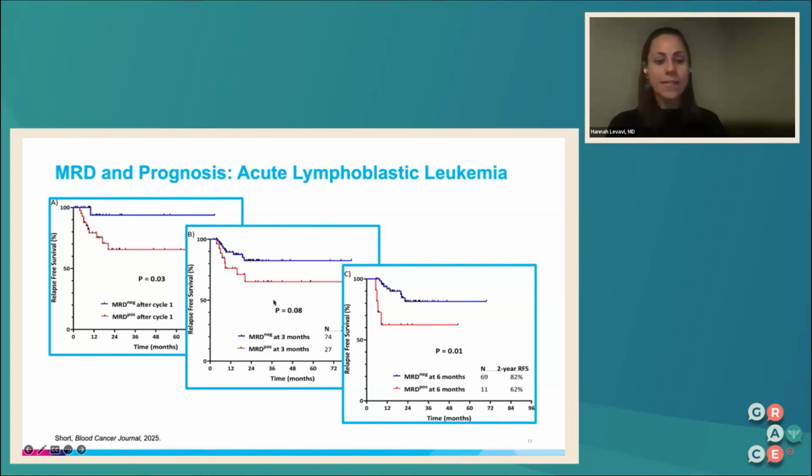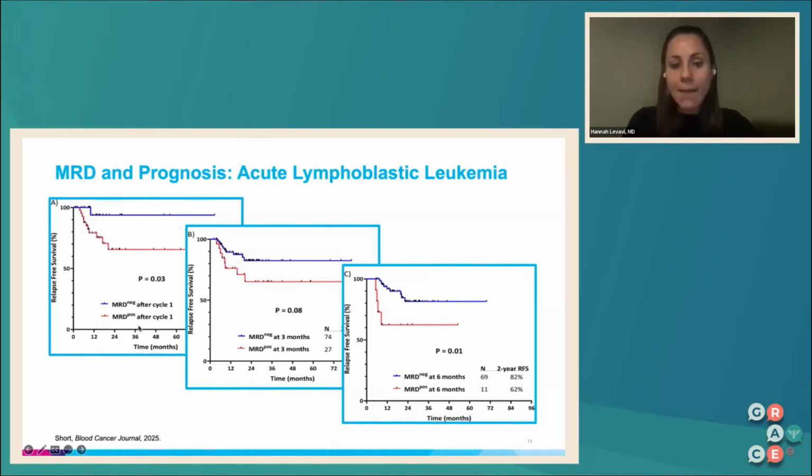And so the reason I bring this up is to point to the fact that the method of MRD testing matters, and that at least in ALL, using these deeper, more sensitive MRD testing platforms like next generation sequencing still has a very similar prognostic impact as the prior methods that we had access to before next generation sequencing was invented and approved as a tool in ALL.